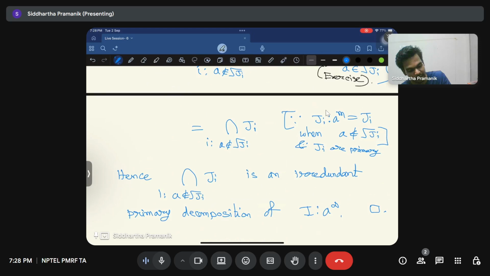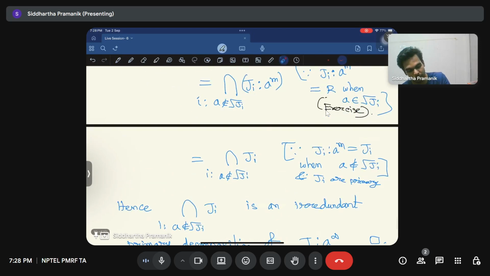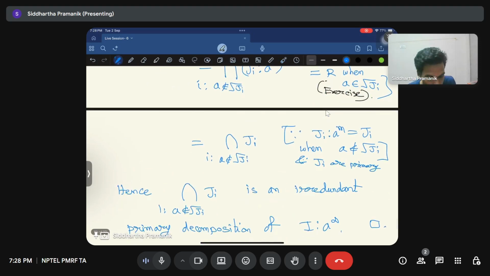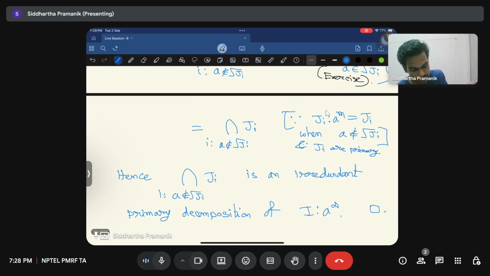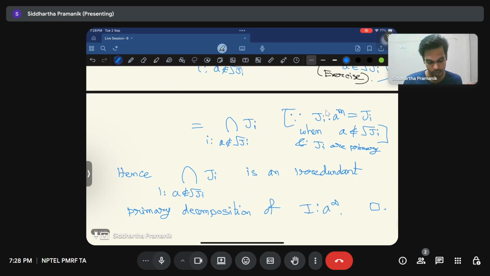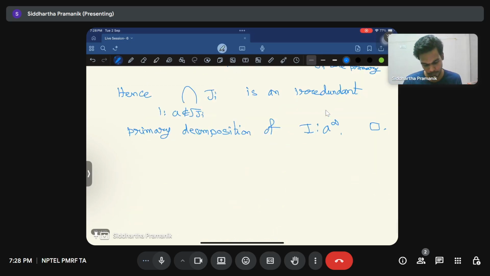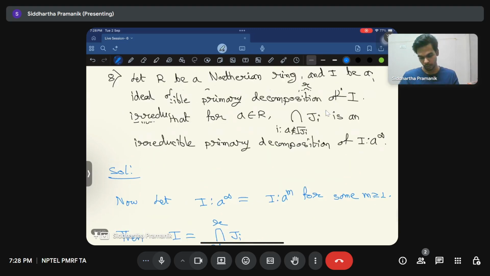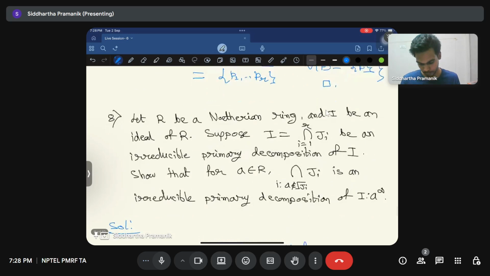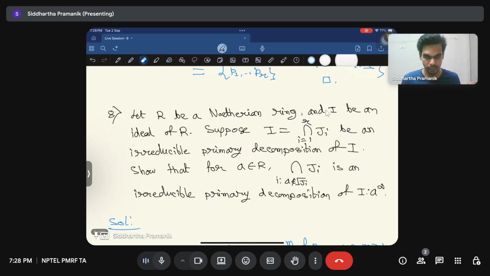This is fairly easy if you know the properties of these colons. So try to do this, or you can see standard texts. It should be in the standard texts. So this is problem number 8.